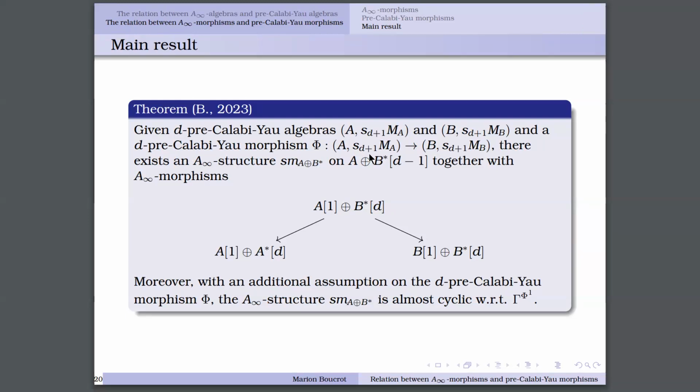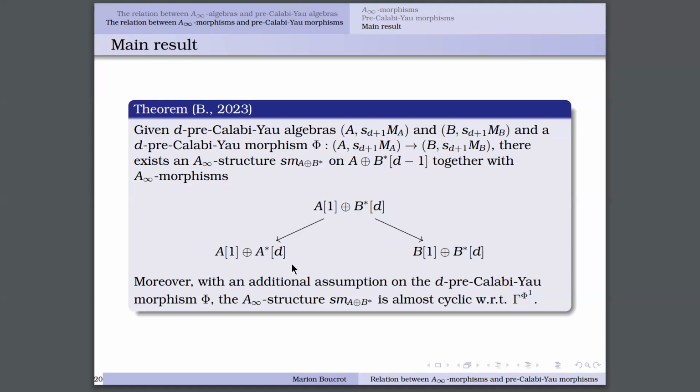And so we only have in some sense a functor from the category of de pre-Calabi-Yau algebras to a particular category whose objects are infinite structures of this form and whose morphisms are the data of an infinite structure and of morphisms like this. But I don't have the converse, in order to get from an infinity morphism a pre-Calabi-Yau morphism.